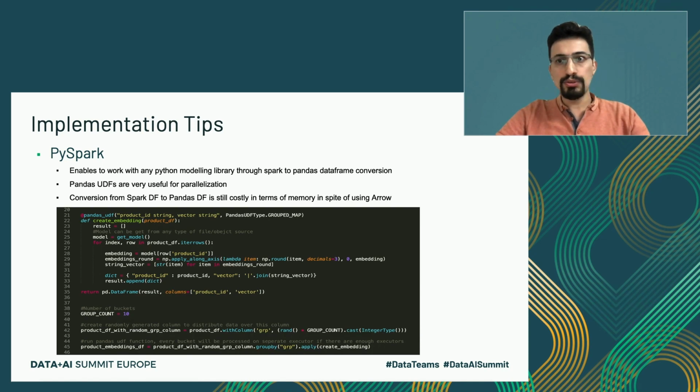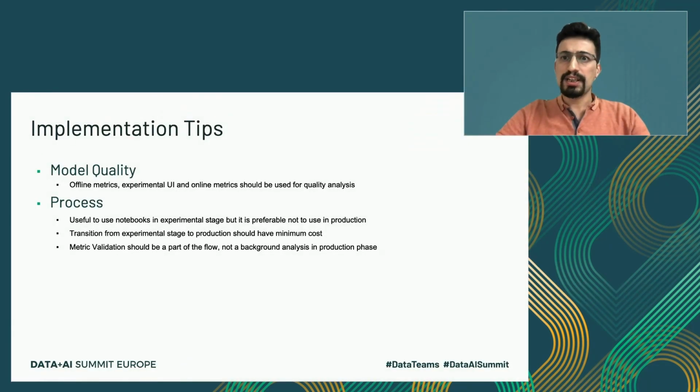So if your group count is 50 and you have 500,000 product records to create embeddings, then every node of the cluster processes only approximately 10,000 records, and every node does this job in parallel. After the executors' jobs are done, all the embedding data will be unioned in the driver node. Then you can do other processing on it. In our case, the next process is writing it to the HDFS.